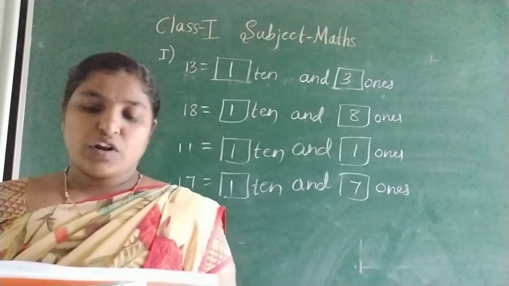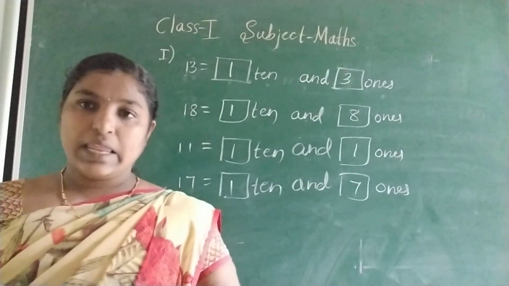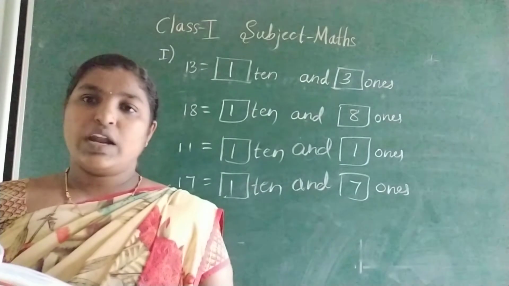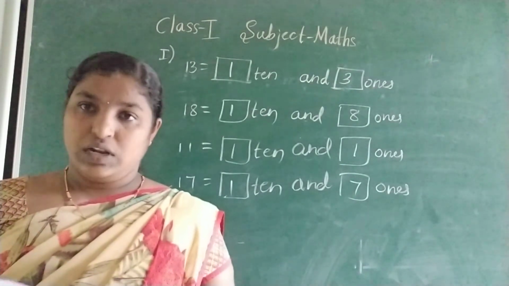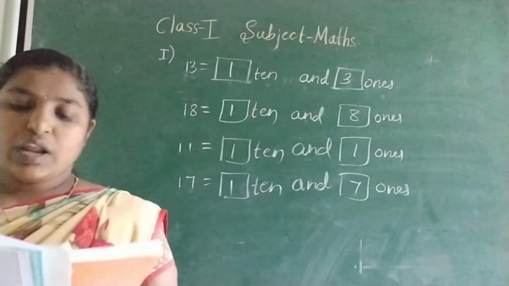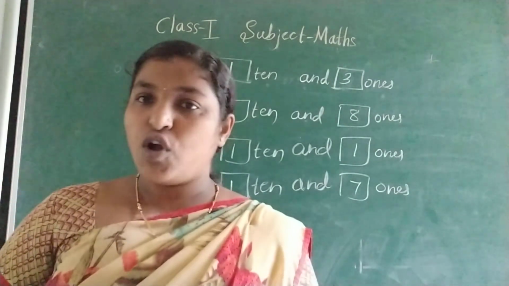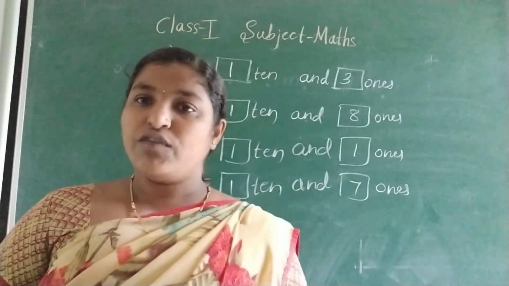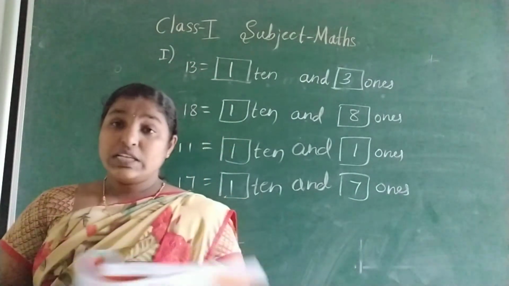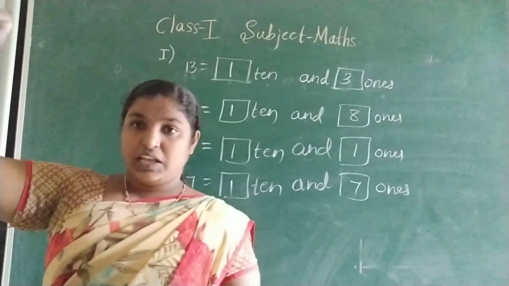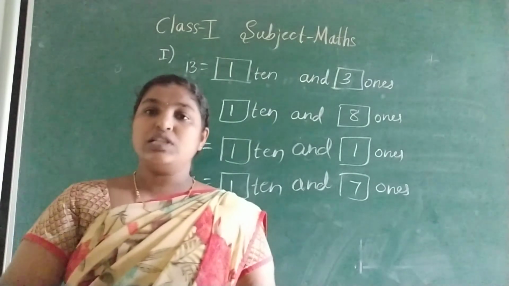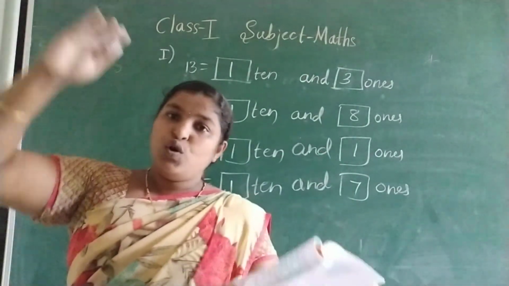Write the numerals for the given number names. Number names they have given, you should write the number or numeral. Write the following numbers in ascending order. You know what is ascending? Forgot? No, you will not forget. Ascending means you should write the numbers from small to big.